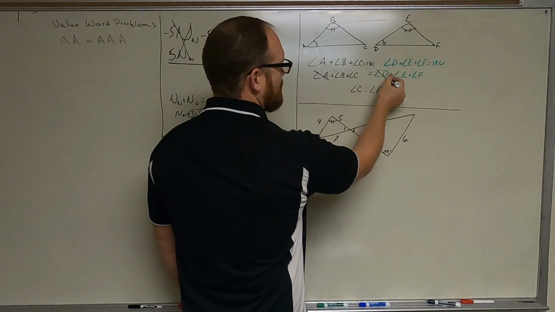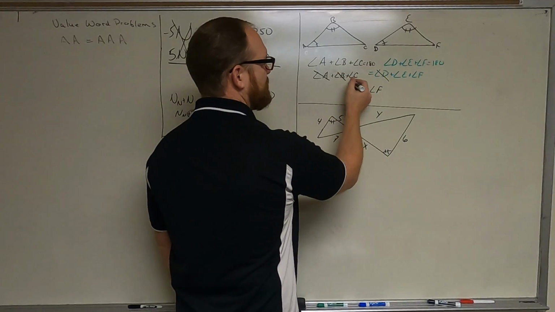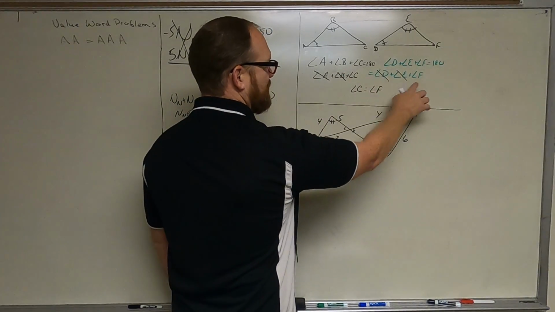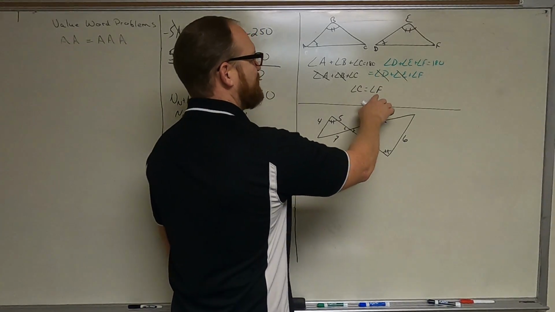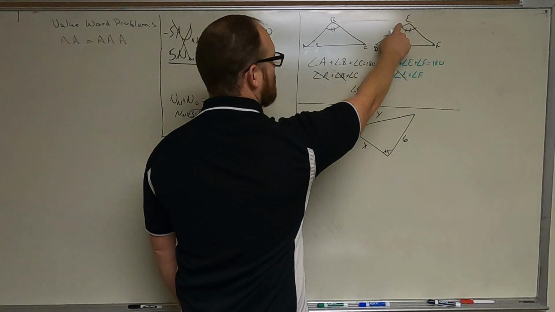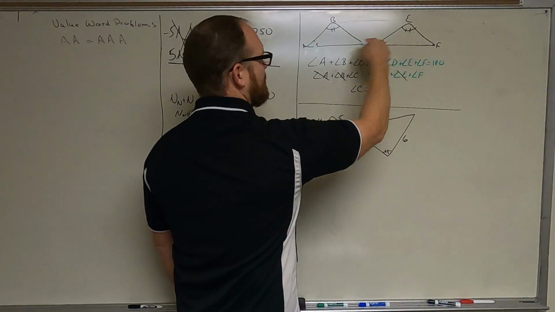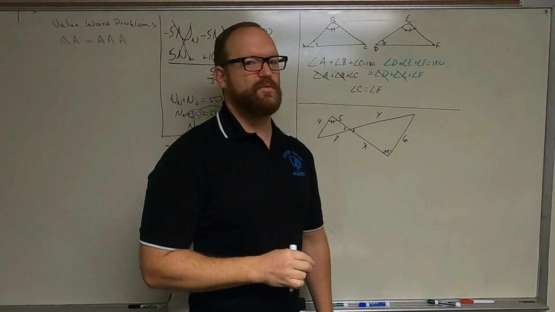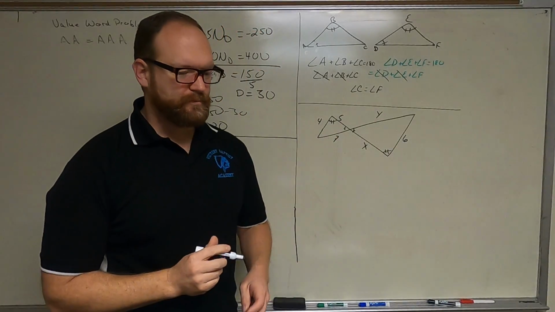So A and D are the same. B and E are the same. What does that leave us with? C and F. So C equals F. That's why we say AA means AAA, because if we have 2 angles in a triangle that are equal, the third one must be equal. That's just a proof showing how that works.